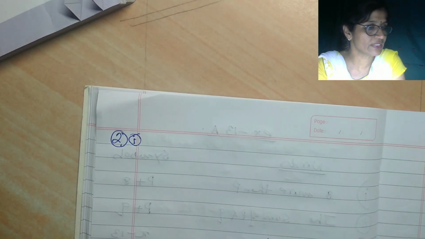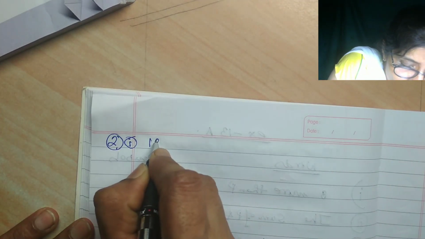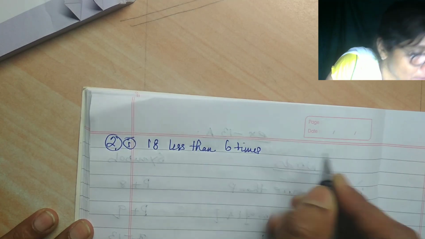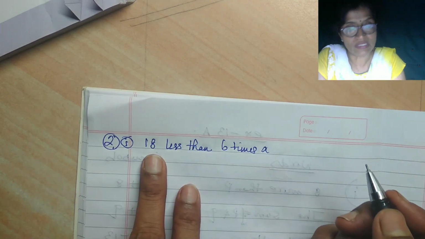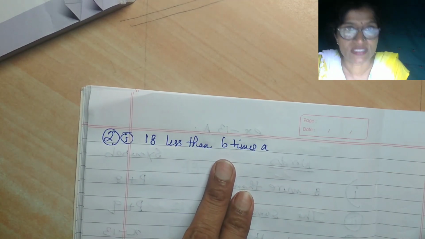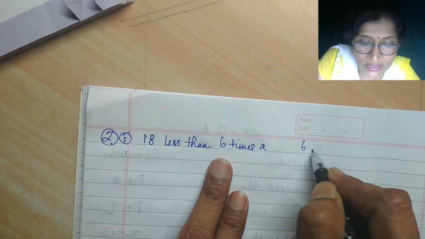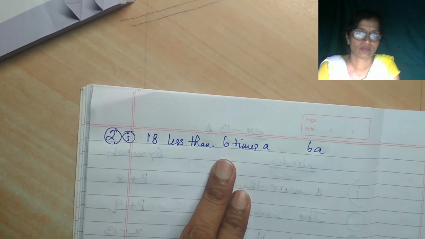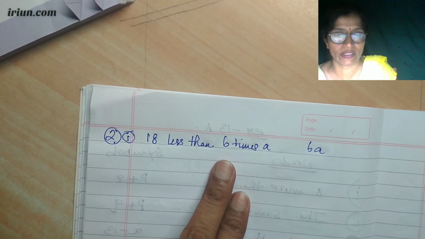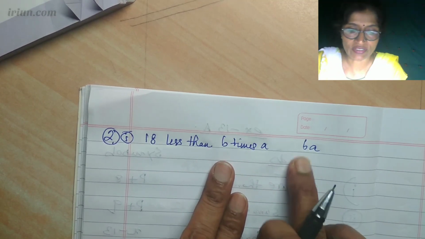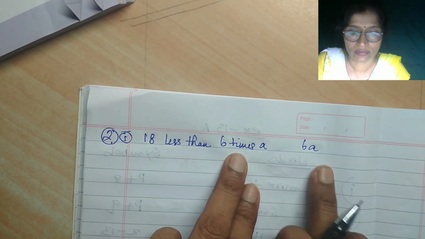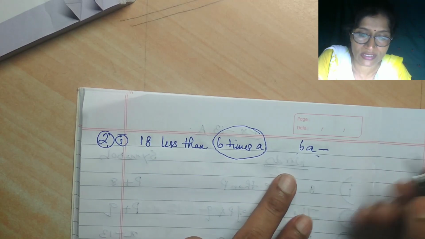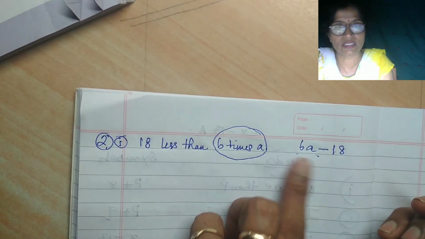First is 18 less than 6 times A. 6 times A means 6 into A. Suppose I say 4 times of 5, what will you say? 4 into 5. 10 times of Y, so 10 into Y. So in the same way 6 times of A, and 18 less than this. 18 less than 6 times A means minus 18. So this is 18 less than 6 times A.